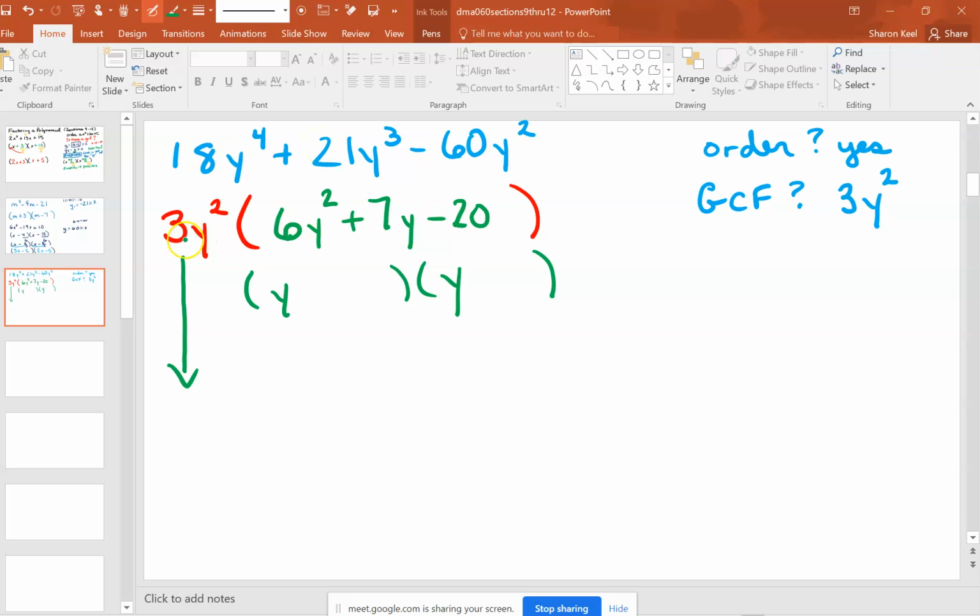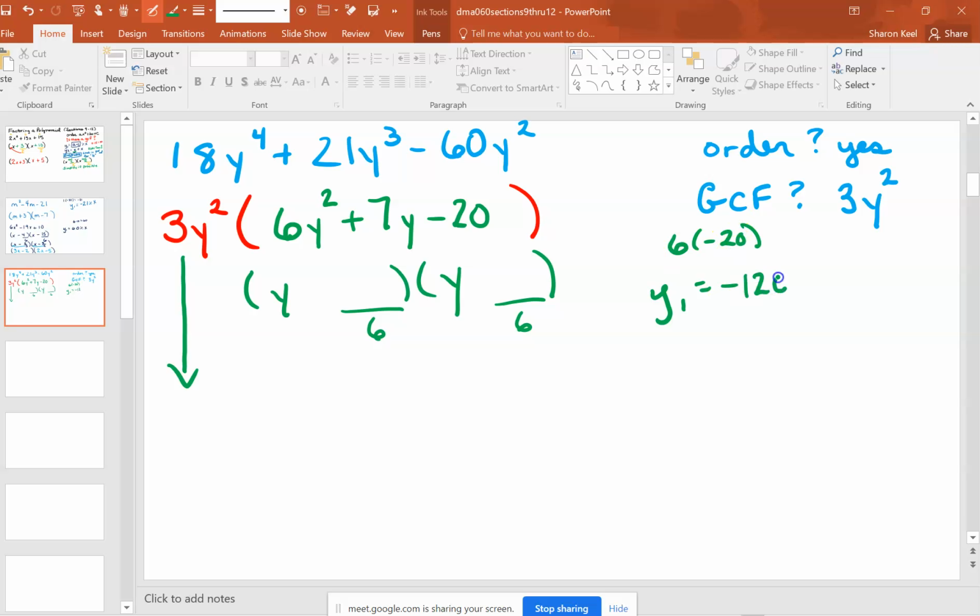So we have to remember to do the divided by 6. And when I get ready to do y1, my A is a 6, my C is a negative 20. 6 times negative 20 is negative 120. So we're going to do negative 120 divided by x, and our middle number, our B, is going to be that 7. So go back to your calculator.